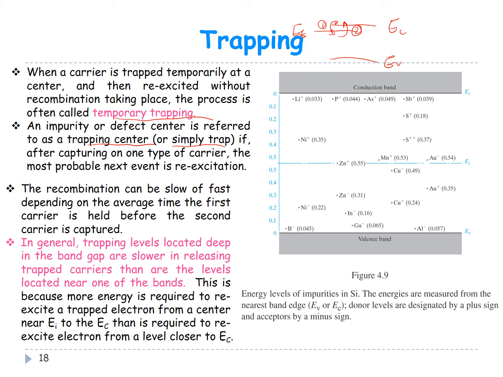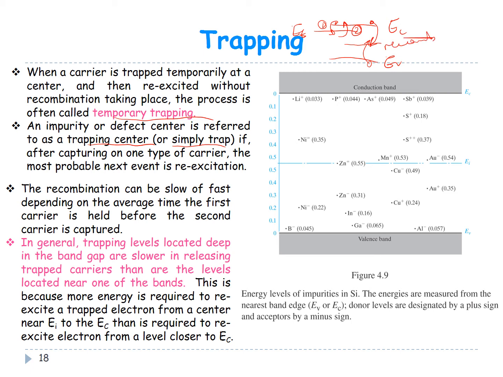But if, for example, we have a state here, and this state captures a hole and then the next step is capturing an electron, then this state is called a recombination center.